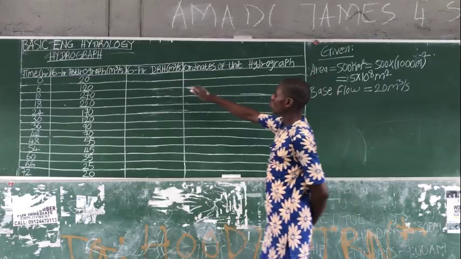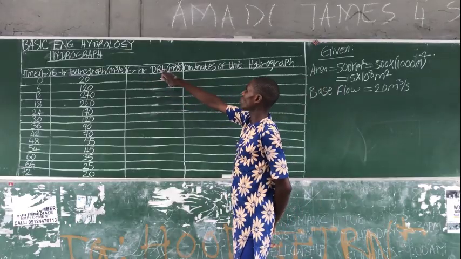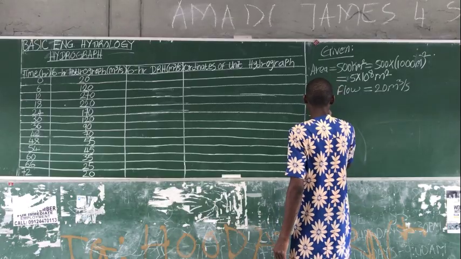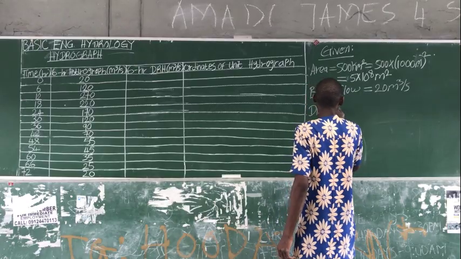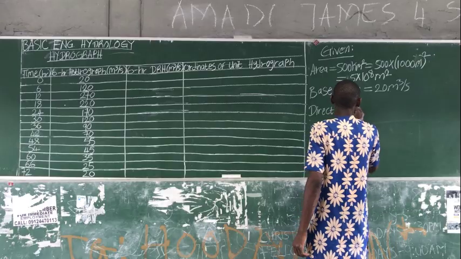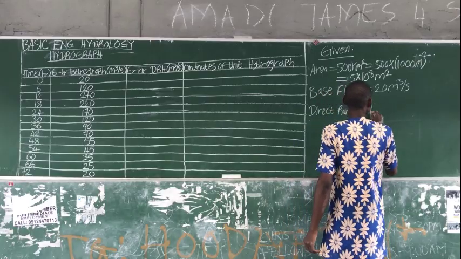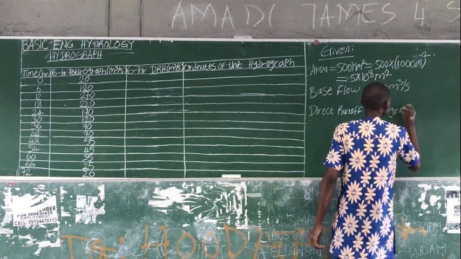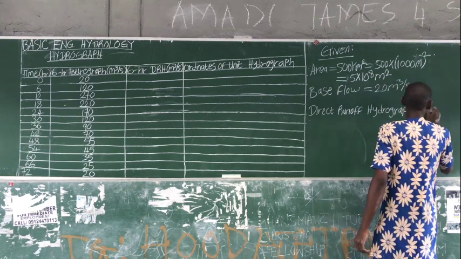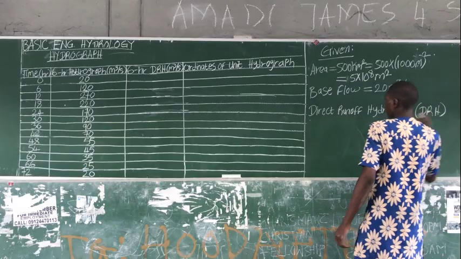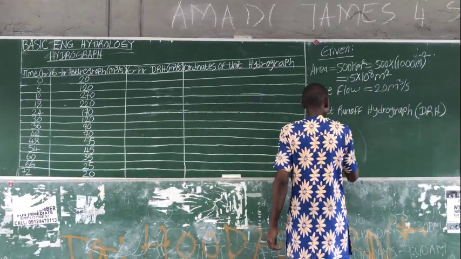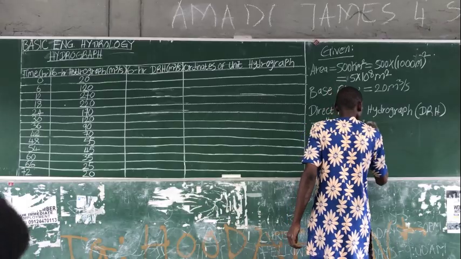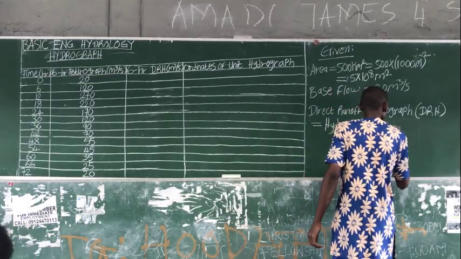So the first thing that we have to do is to get our 6-hour direct runoff hydrograph. Okay, so our direct runoff hydrograph is simply equal to our hydrograph minus base flow.